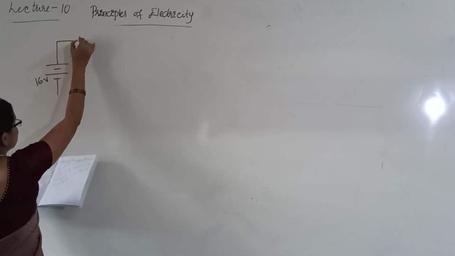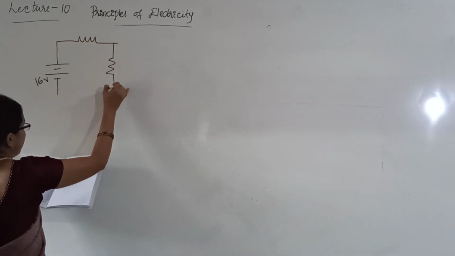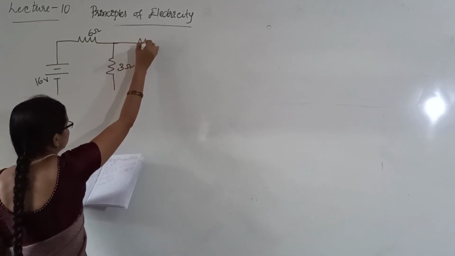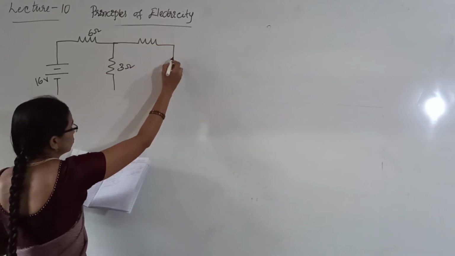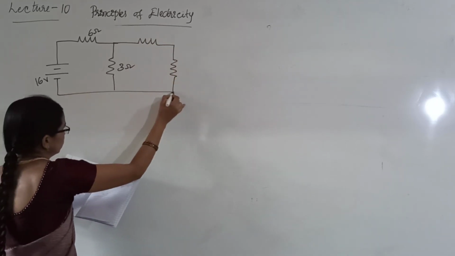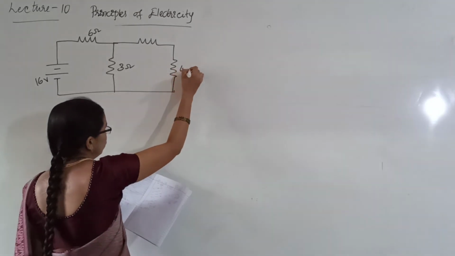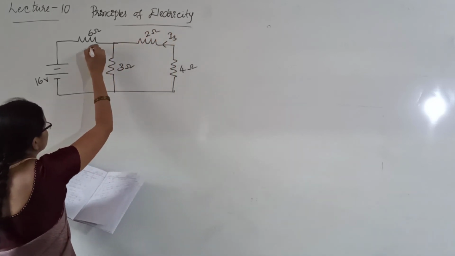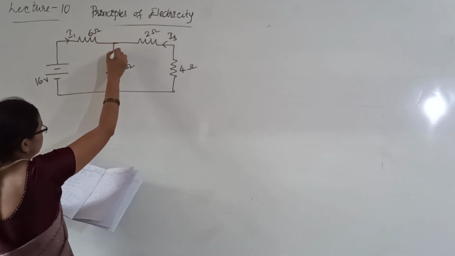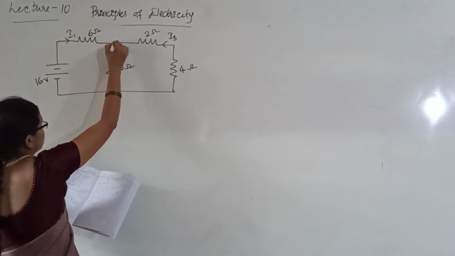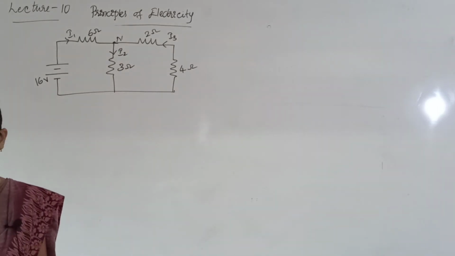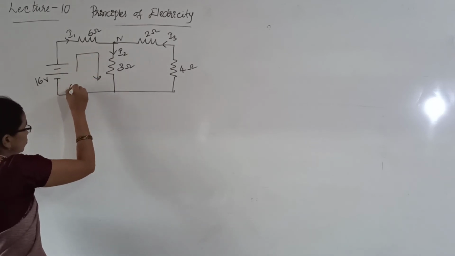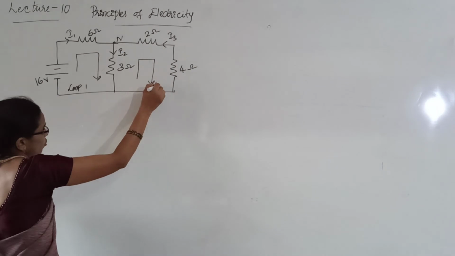Volt, 6 ohm, 3 ohm, 4 ohm, 2 ohm. This is loop 1, this is loop 2.